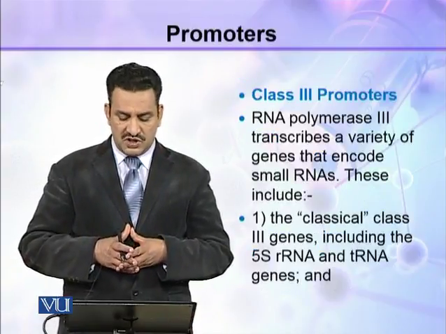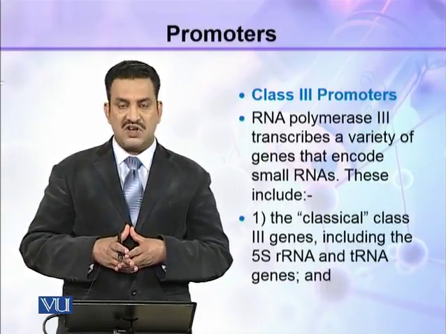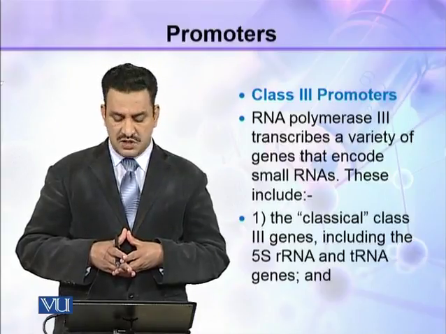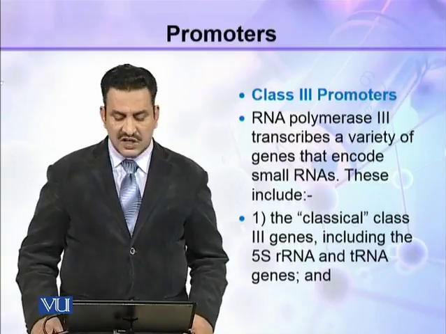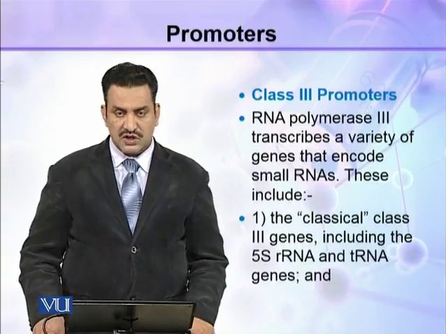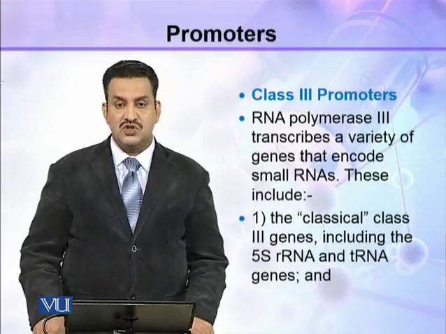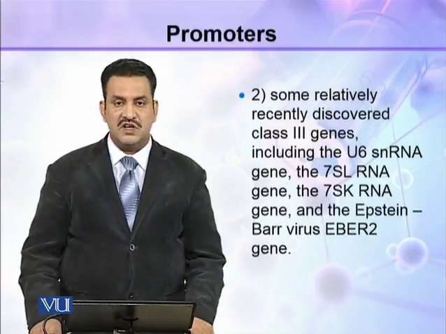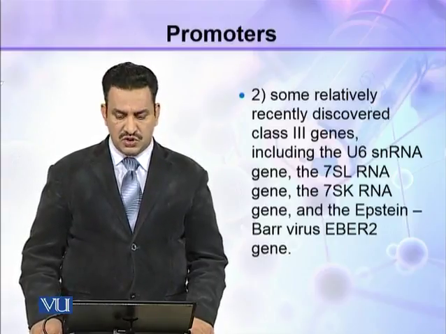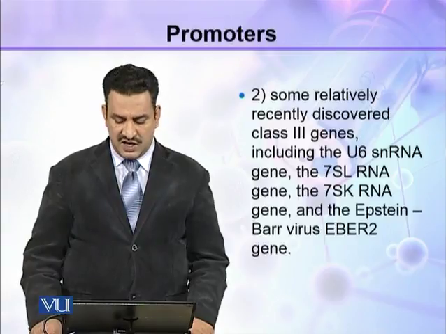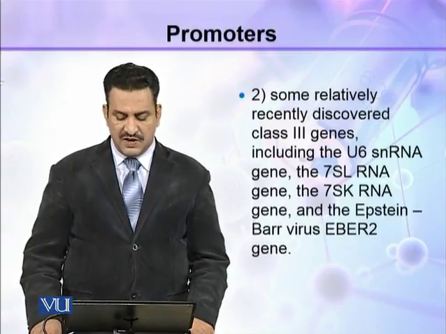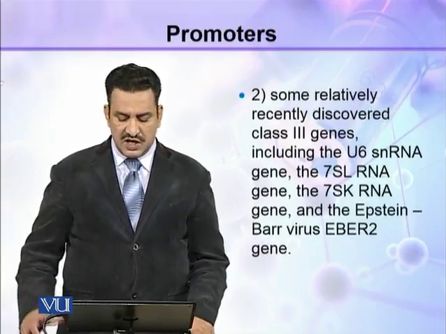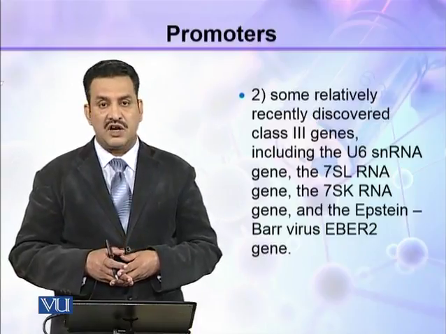Class 3 promoters: RNA polymerase 3 transcribes a variety of genes that encode small RNAs. These include the classical class 3 genes, including the 5S rRNA and tRNA genes, and some relatively recently discovered class 3 genes, which include the U6 snRNA gene, the 7SL RNA gene, the 7SK RNA gene, and the Epstein-Barr virus EBER2 gene.